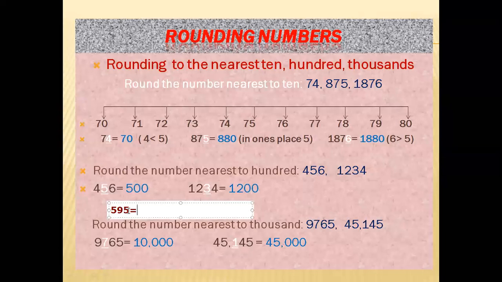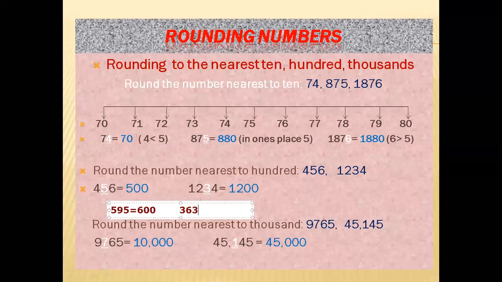In the ones place 5 is there, so the tens place digit changes to the next digit. Here 9 is there, 9 plus 1 it will become 10, so it changes to 600. Right, 600.